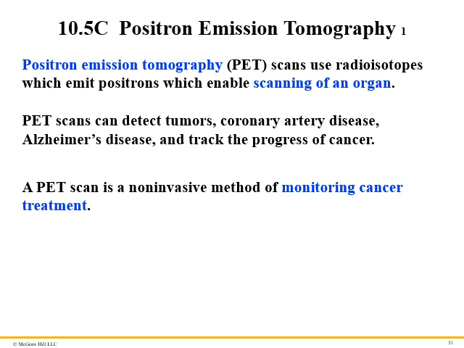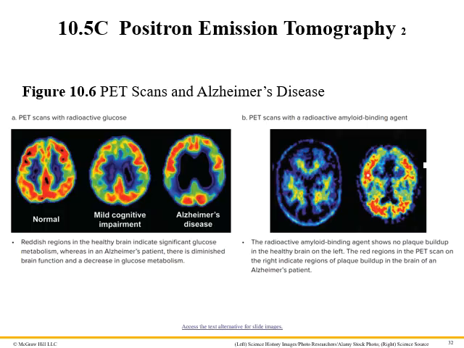It's actually a super useful tool when you're dealing in this area of cancer treatment, etc. You can see here PET scans and Alzheimer's disease, and you can see the contrast, and they will tell you a little bit of information regarding brain activity, glucose metabolism, and others. Radioactive amyloid binding agent: amyloids are usually associated with Alzheimer's disease, and we can actually look at those using PET scans.